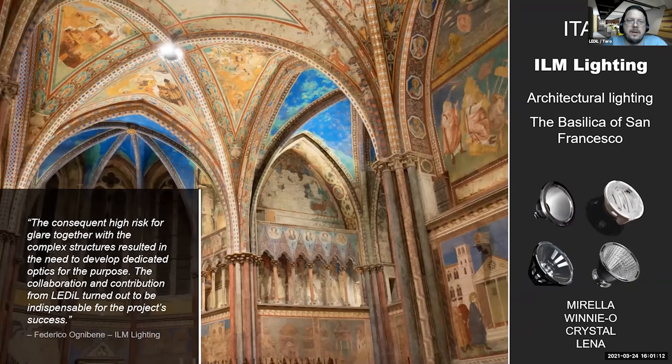A funny anecdote about this project: after they created this lighting inside this basilica, the frescoes over there, of course, we had to be very careful about the spectral content of the light in this setup, not only to make sure that the frescoes will really stand out, but also to make sure that they will not be destroyed by excessive blue light content or something similar, which would harm those delicate colors.